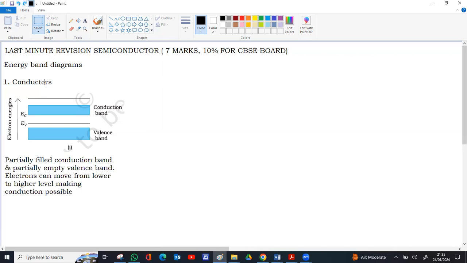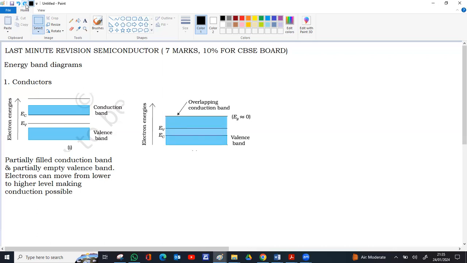Now the second diagram for conductors: the conduction band and valence band overlap so that the energy gap is zero. So this is the base of the conduction band. This is the top of the valence band. So this region is the overlapping region.